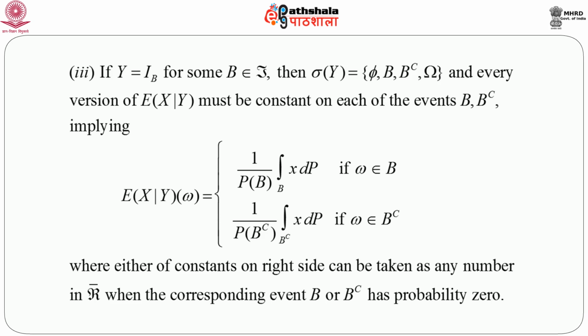It is clear that either of the constants on the right hand side can be taken as any number in the extended real line, that is R bar, when the corresponding event B or B complement has 0 probability. So this is the way we define it, and this fits into the formal definition of conditional expectation.